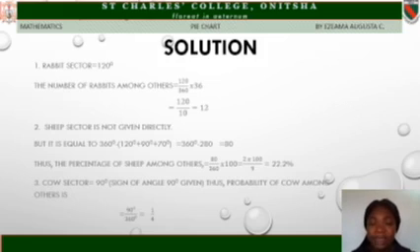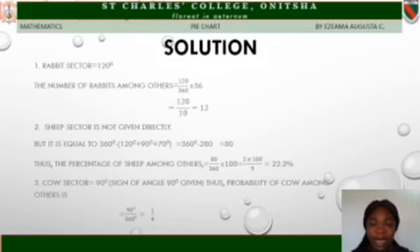Thus, the percentage, because we are asked to find the percentage. The percentage of sheep among others will now be 80, that 80 we get as the sector of the sheep, over 360 times 100. 100 represents percentage. It will now amount to 22.2%.